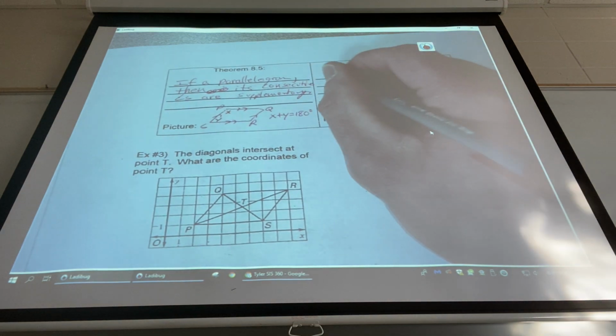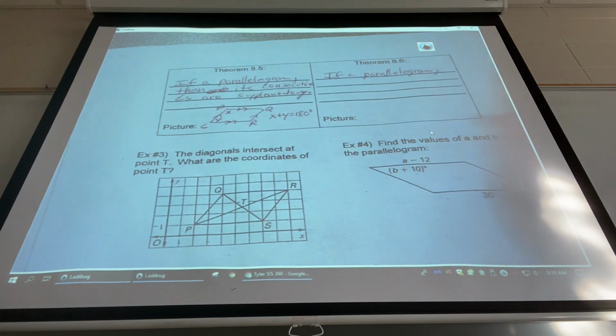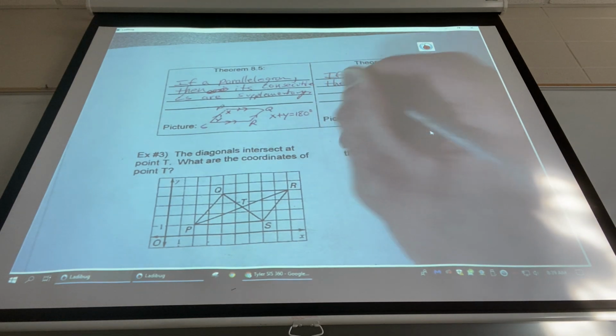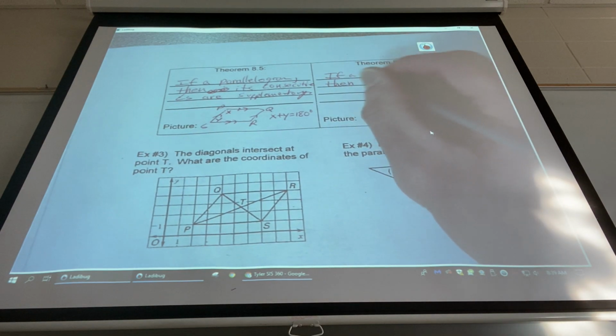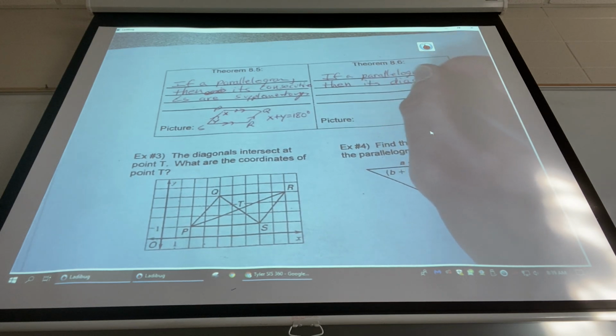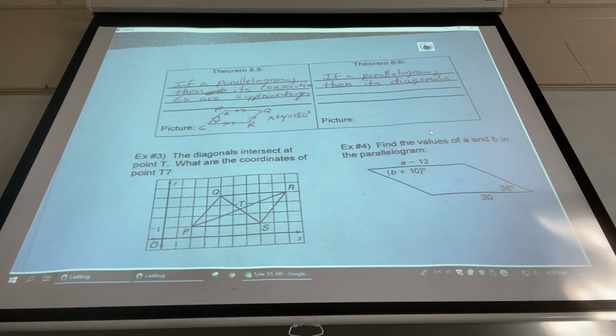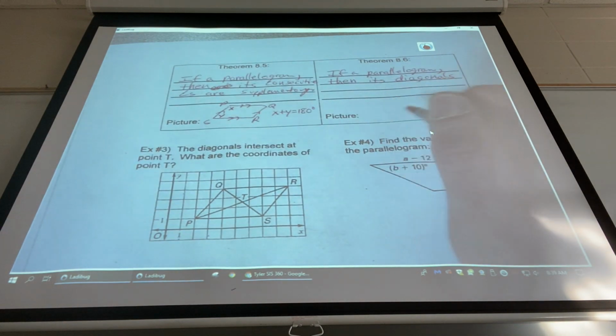If a parallelogram, then its diagonals... this is kind of interesting. Let's draw a picture here, maybe we can guess what's going on.